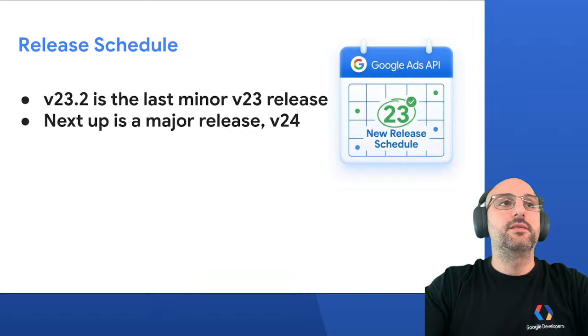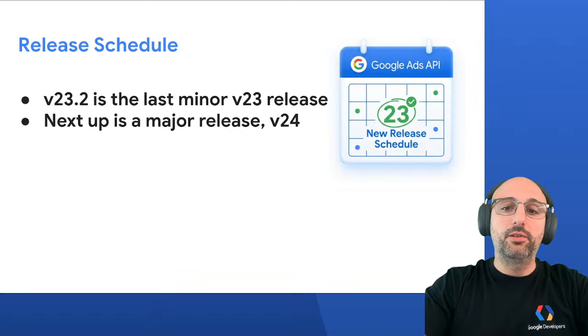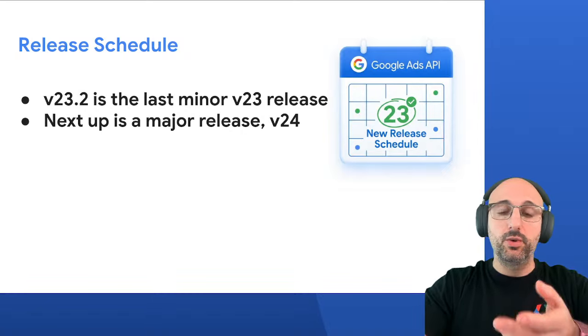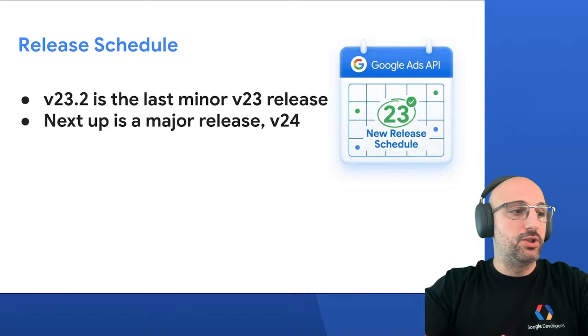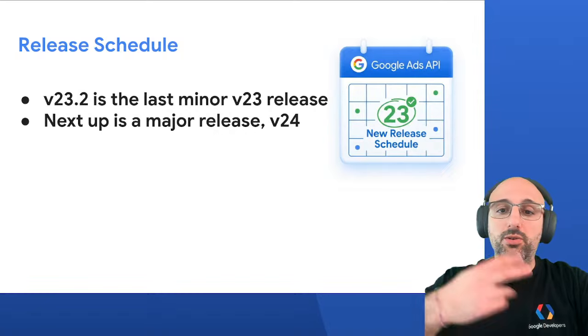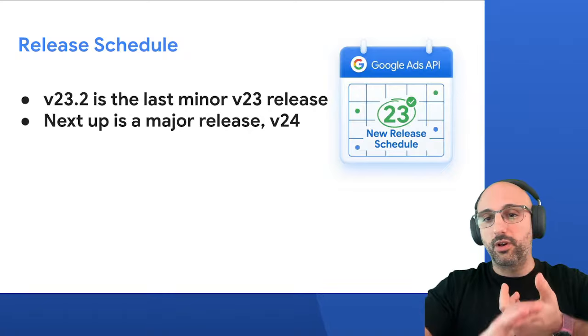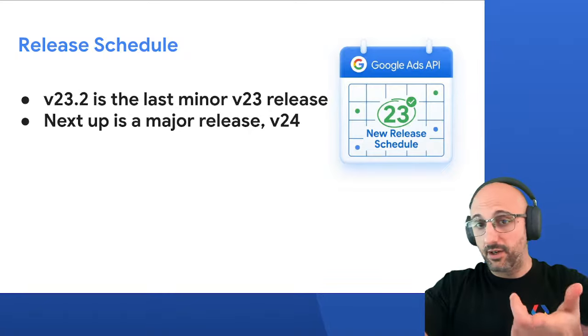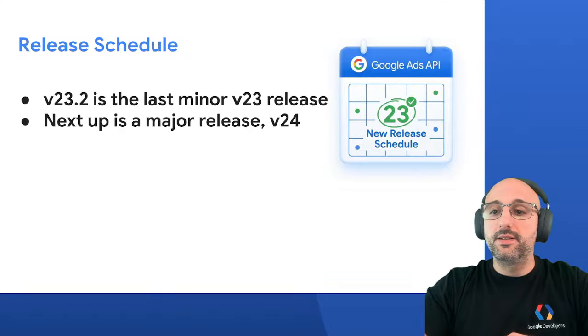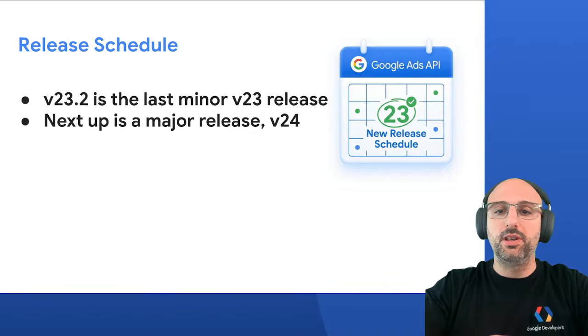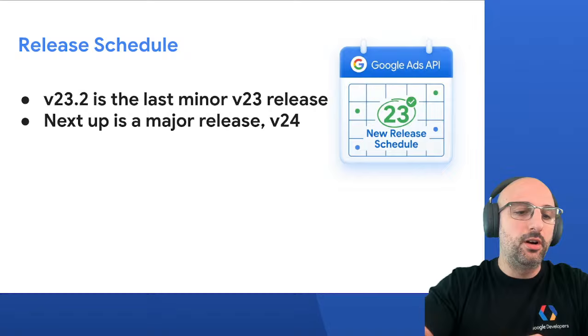And it also means that on any given quarter, we are doing one major release, which was V23, which came out in January, and two minor releases, V23.1, which came out in February, and V23.2, which came out yesterday. Next month, we're going to have a major release, which is going to be, of course, V24.